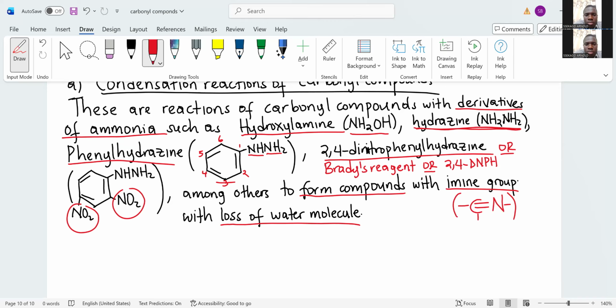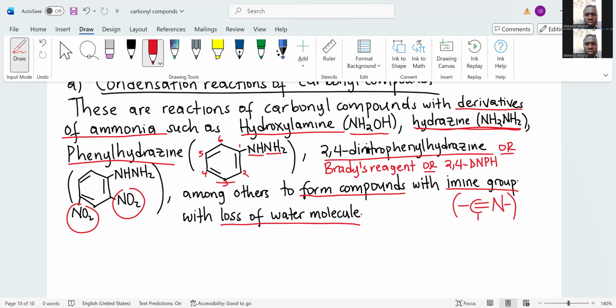A condensation reaction is a reaction that involves loss of simple molecules like water, ammonia, etc. So since it involves loss of a water molecule, that's why it is called a condensation reaction. So I want to take some few examples.